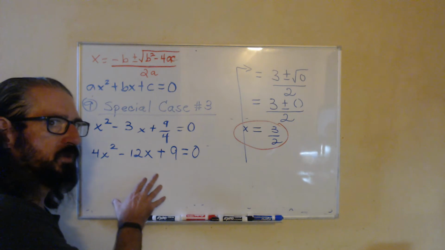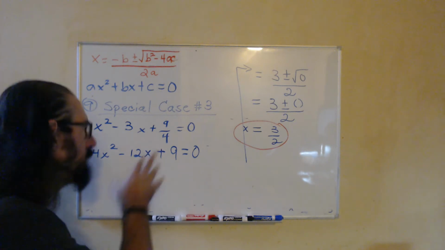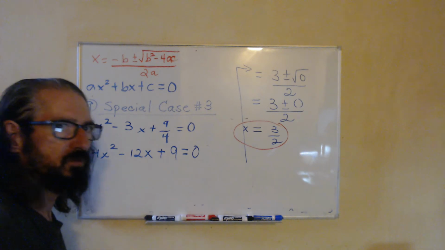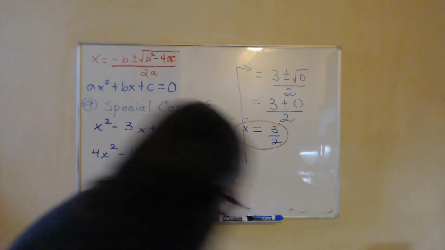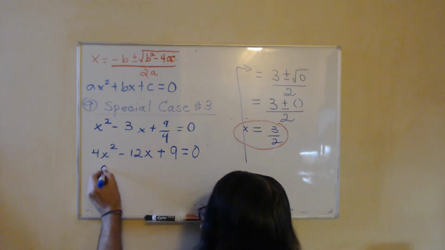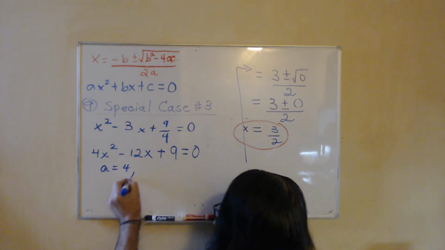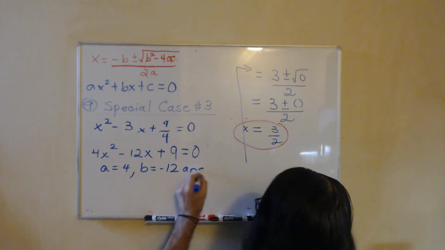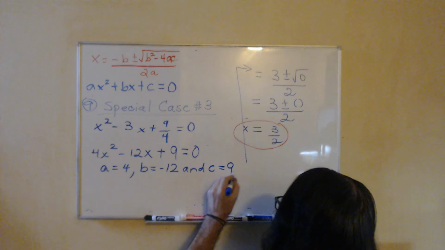I'm going to do something different with this momentarily, but now we could be plugging in just integers into the quadratic formula. So a equals 4, b equals -12, and c equals 9.